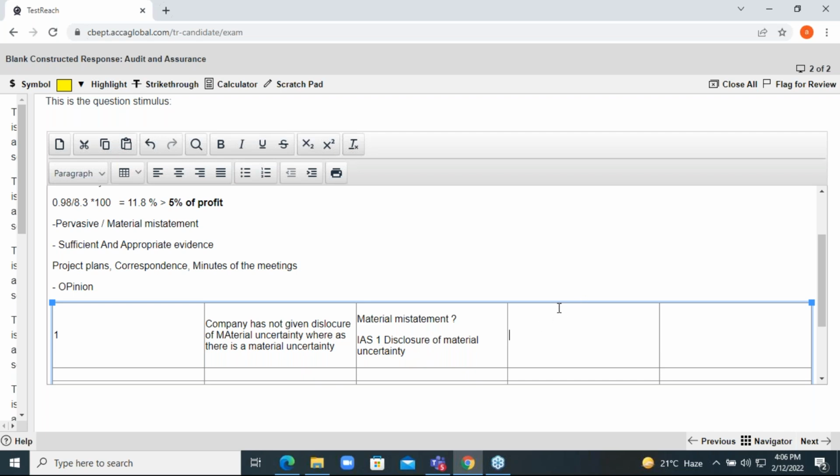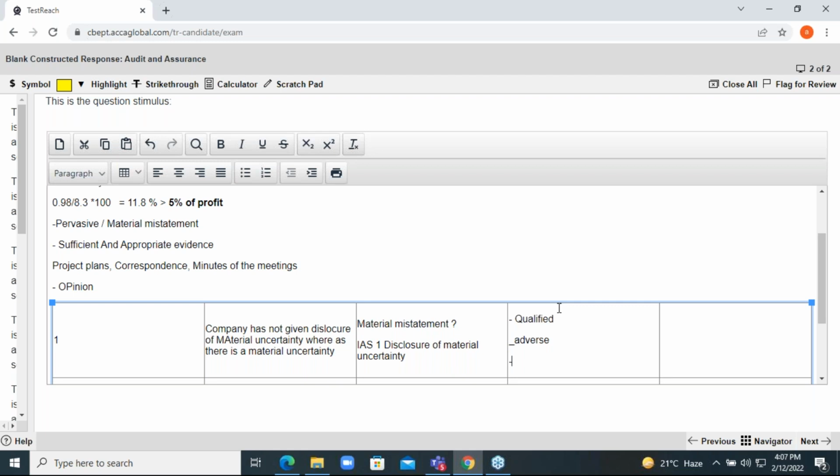Now, we have to choose between qualified, adverse, and disclaimer. There is no information regarding sufficient appropriate evidence, so we will focus on material or pervasive nature only.